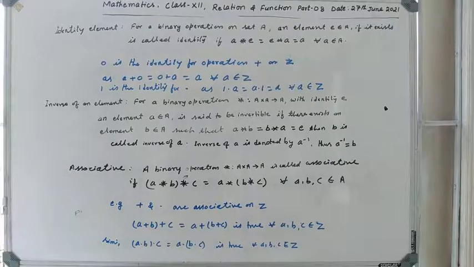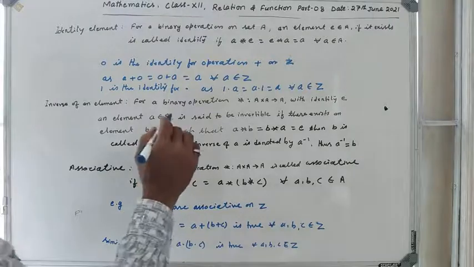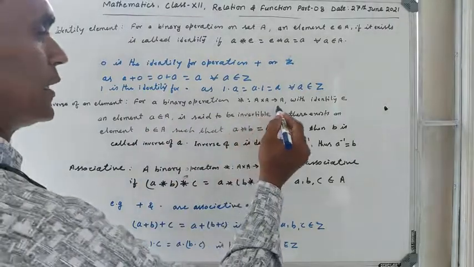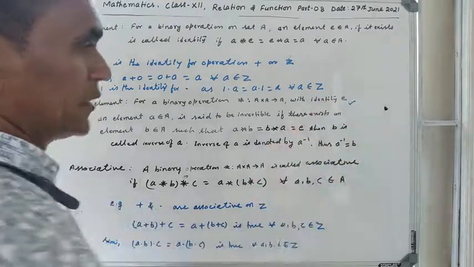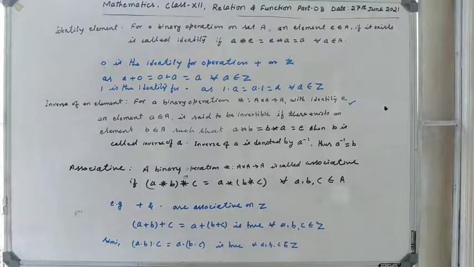Now inverse of an element. How do we define this? Suppose there is a binary operation on set A with identity e. Here identity exists, then we can think about its inverse.